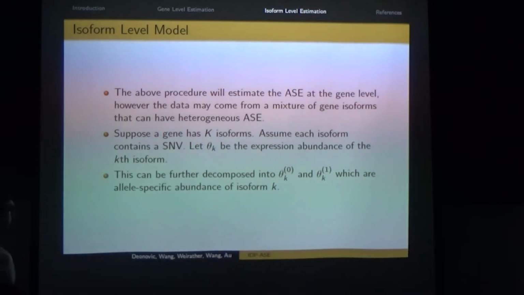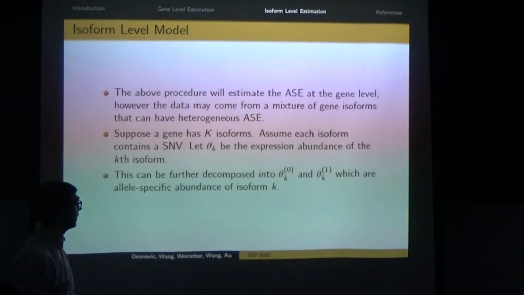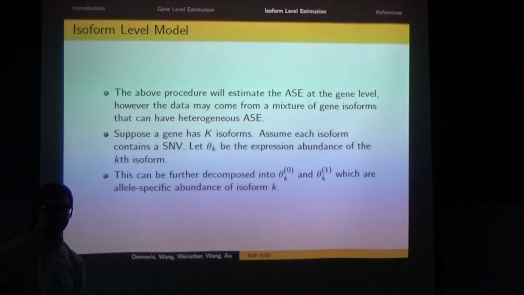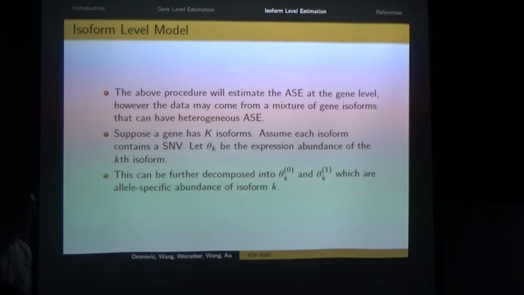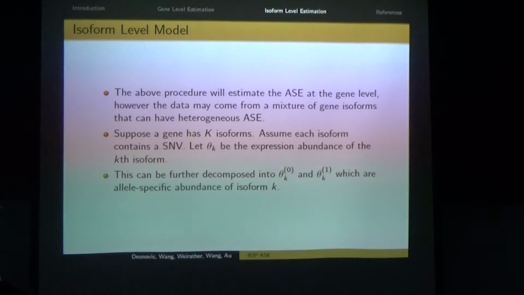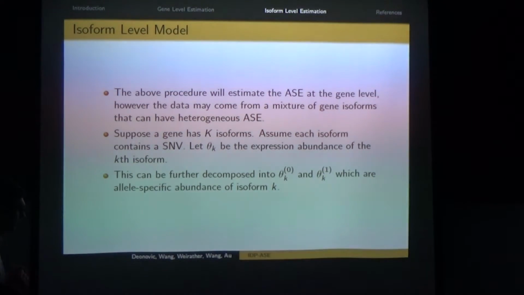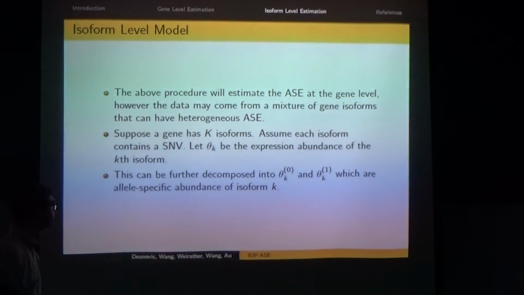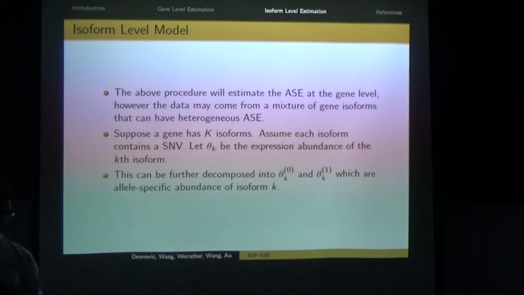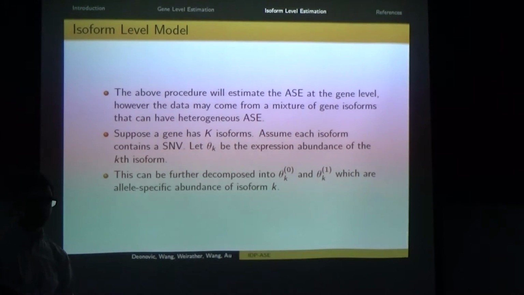Now the model I've described above is for the gene level estimation of the haplotype and the ASE. But as I mentioned, the data may contain a mixture of gene isoforms that can have heterogeneous allele-specific expression. So let's suppose that the gene that we're interested in has K different isoforms.